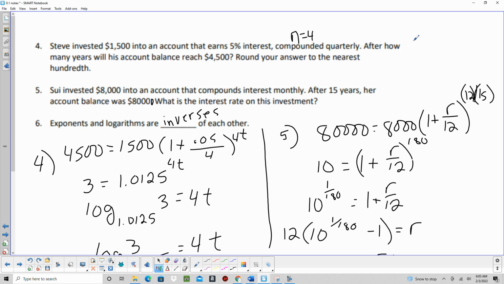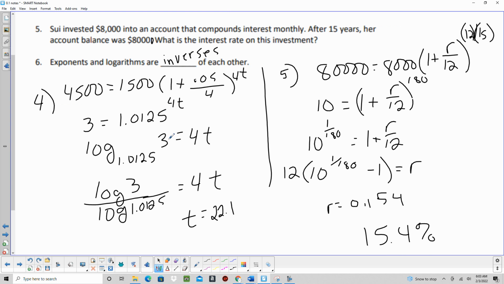After how many years will his account reach 4,500? Well, that's your ending amount. So 4,500 equals 1,500 times (1 plus 0.05 over 4) to the 4t. Use your compound interest formula. I divided both sides by 1,500.